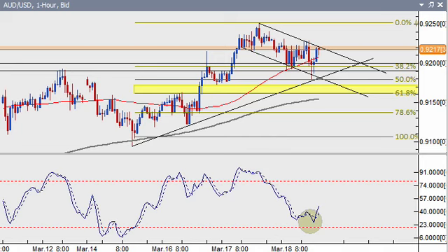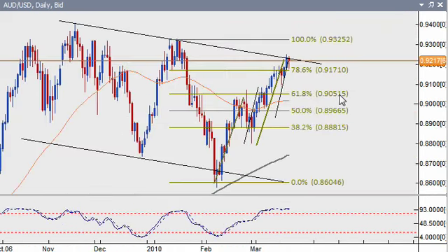I would wait for a more decisive move by the market to decide whether, now looking at the daily, there's a breakout or if the market wants to continue consolidating for a little longer.